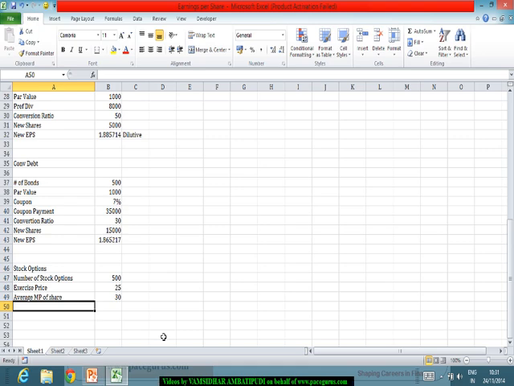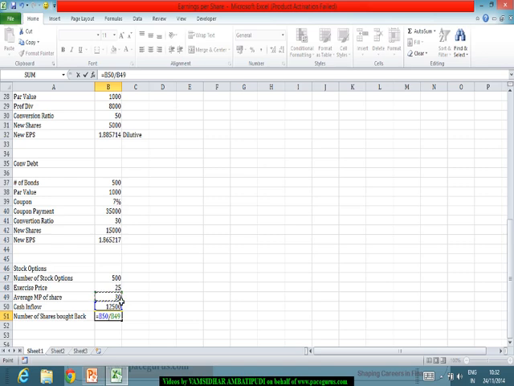So if that's the case, what I could typically see is the cash inflow if the options are exercised. So 25 bucks multiplied by 500, the cash inflow is 12,500. Then the number of shares bought back virtually using the treasury stock method goes as this cash inflow divided by the average market price per share.